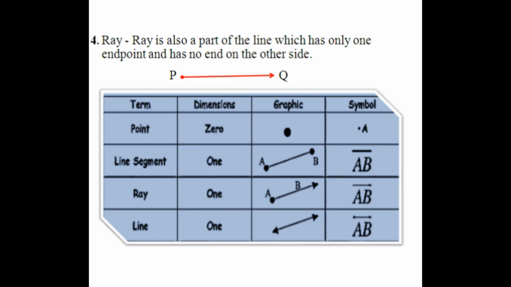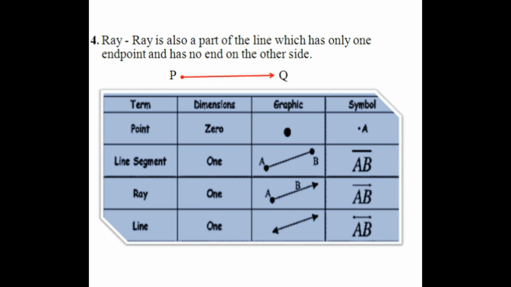So here PQ is a ray. Here also you have to use only capital letters. At one end only you have direction, and the other is an endpoint. It has only one endpoint, then it is called a ray.